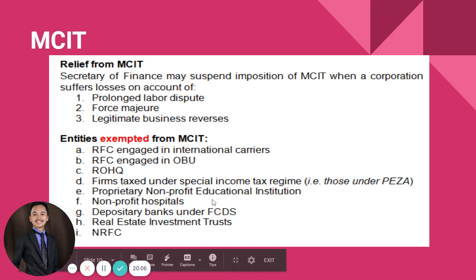Also, proprietary non-profit educational institutions and non-profit hospitals. Again, based on our discussion, these are institutions which are subject to 10% or 30% if ever they have met the conditions to be taxed at 10%. And then depository banks under the foreign currency deposit system.